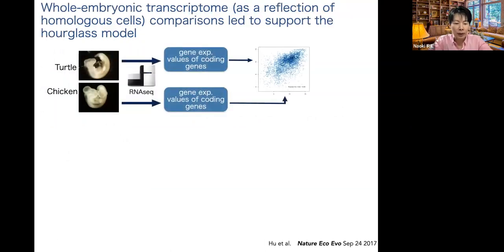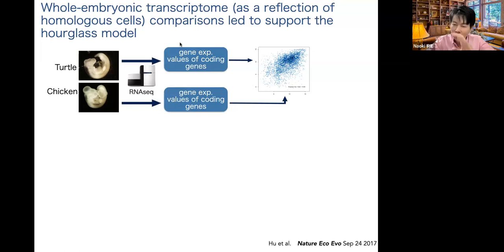What we did is compare whole embryonic transcriptome, so there's going to be no morphological information. I sadly had to discard all that morphological information and compare the similarity of transcriptome.